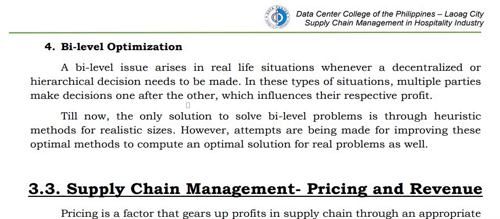Meaning this bilevel optimization is a special kind of optimization where one problem is embedded within another. Ibig sabihin, meron isang malaking problema in a certain supply chain. And within that certain problem na nakikita na, meron pang mga problema sa loob nito. Problems are embedded within another.